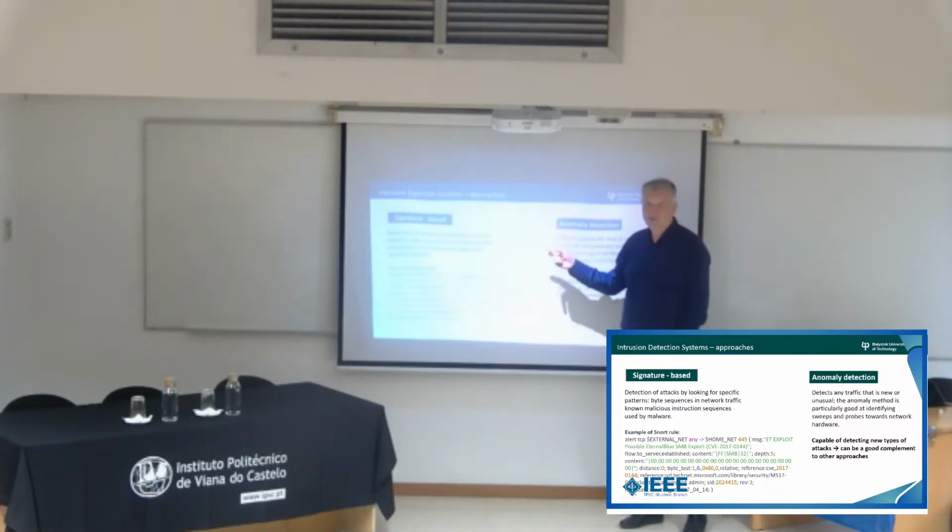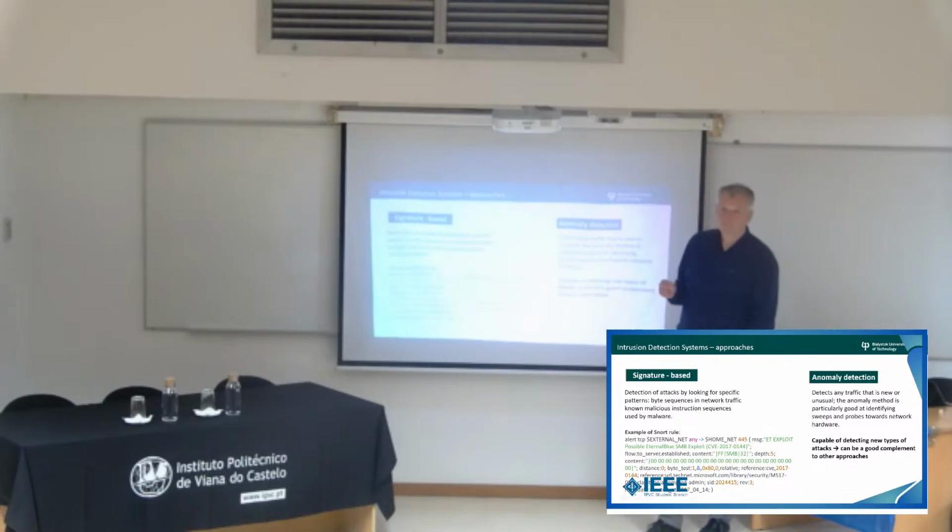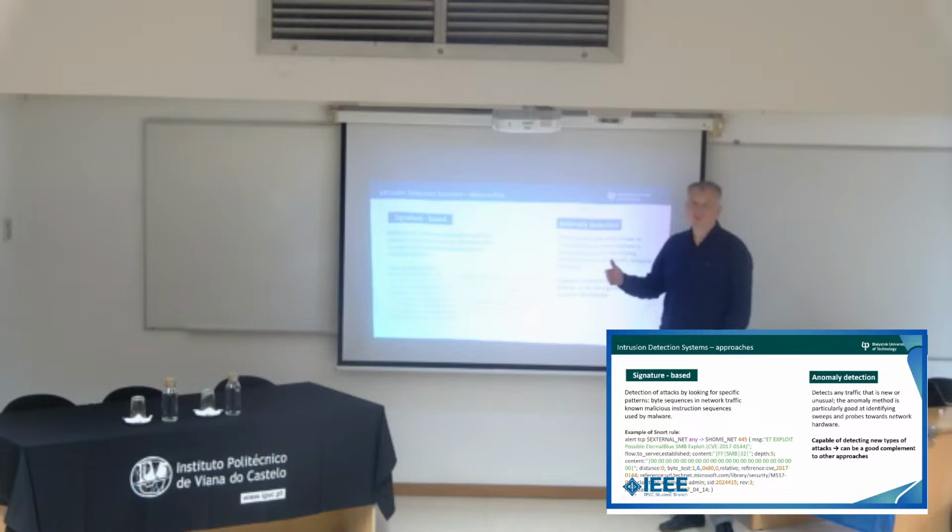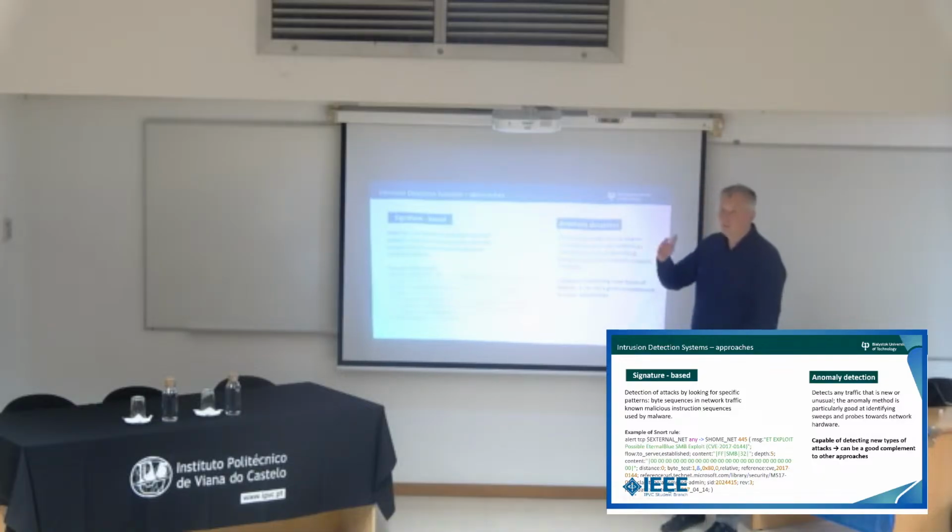In the signature-based system, we can use general rules for detecting attacks. In antivirus systems, we can download the signatures of viruses, download such a database with signatures, and use it in our system.